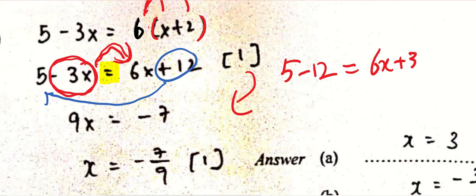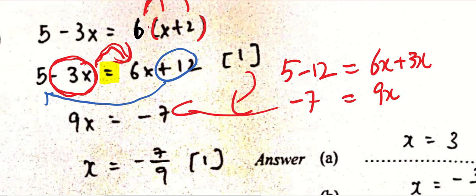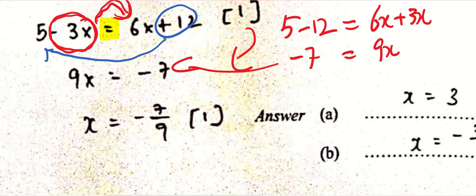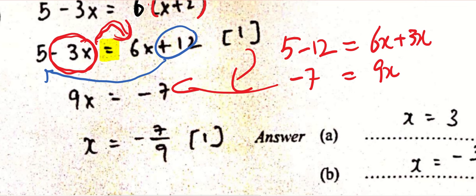So it's 6x plus 3x. Therefore we have negative 7 equals to 9x, which is the same as this over here. It's the same, yeah? So x equals to negative 7 over 9. Another mark. It is so simple.